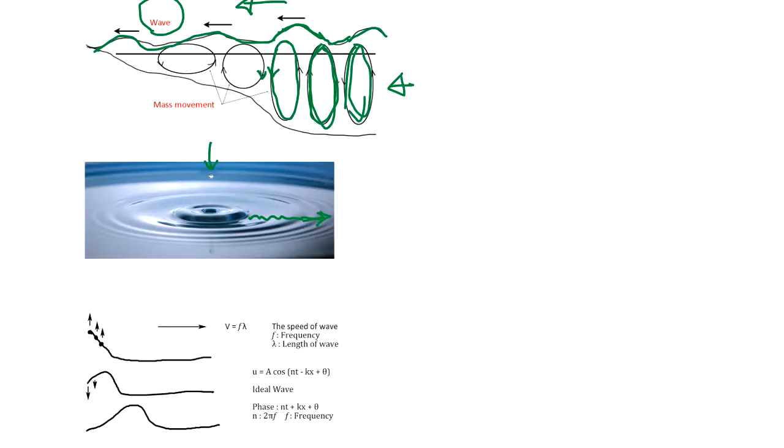You can tell if you drop another one, then there is interference and the ripple goes up and down, and it doesn't look like moving anymore. So actually the water movement is just going up and down, but for the human eye it looks like the wave is propagating.